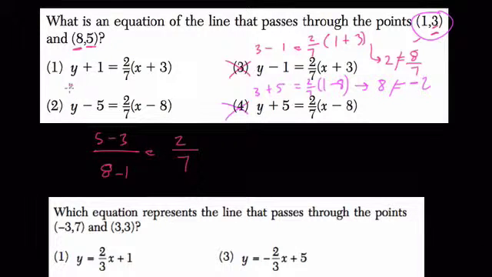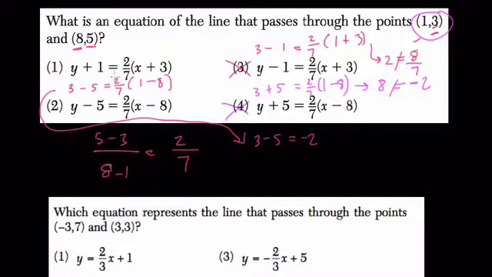Here, again, we get 3 minus 5 equals 2/7 times 1 minus 8. Okay, what's 3 minus 5? That's -2, right? 3 minus 5 equals -2. 2/7 of 1 minus 8, sorry. 1 minus 8 is -7. -7 times 2/7 is -2.